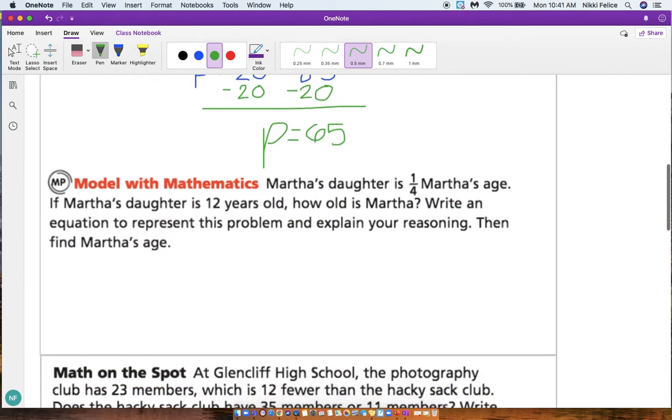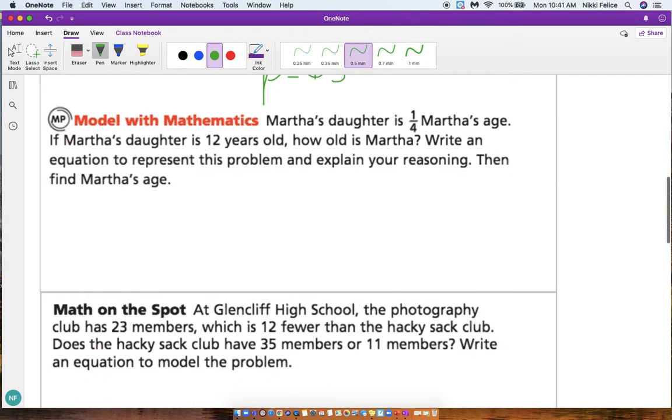So let's go look at the next problem. Martha's daughter is 1/4 Martha's age. If Martha's daughter is 12 years old, how old is Martha? And again, we're going to write an equation and then solve it. So Martha's daughter is 1/4 of Martha's age, and she's also 12 years old.